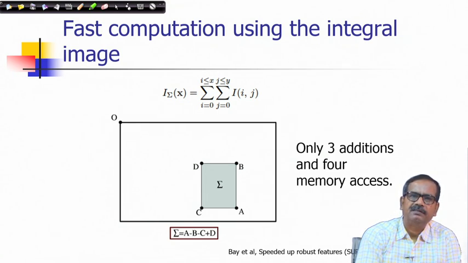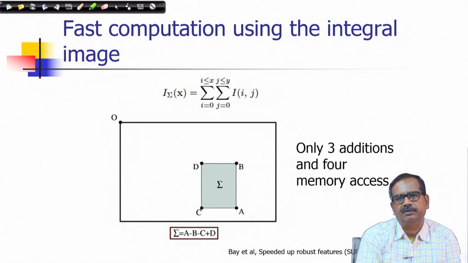What is an integral image? Let us first define. You can see that an integral image is the cumulative sum of pixel values over a rectangular region which starts from the 0 pixel location.